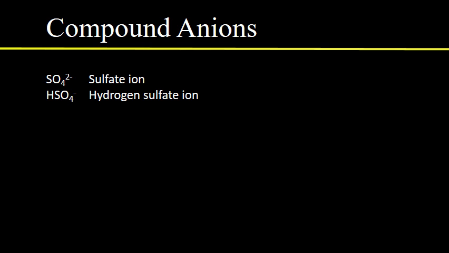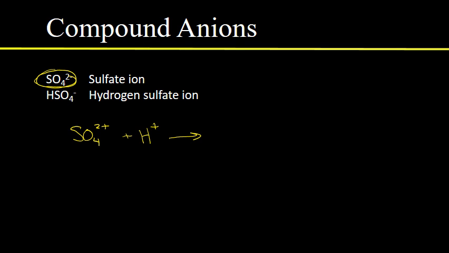All right, now we can also make compound ions, and compound ions kind of look like this. If you have an anion which has a charge of -2 or -3, then you can add a hydrogen to that, and hydrogen ions, because they're in group 1, hydrogen ion has a +1 charge.